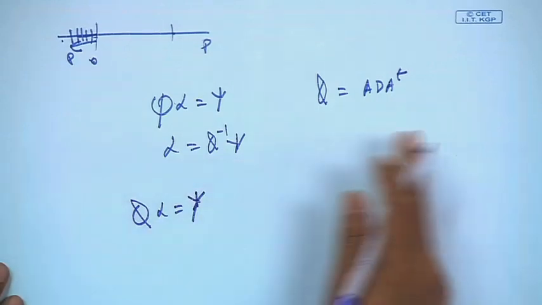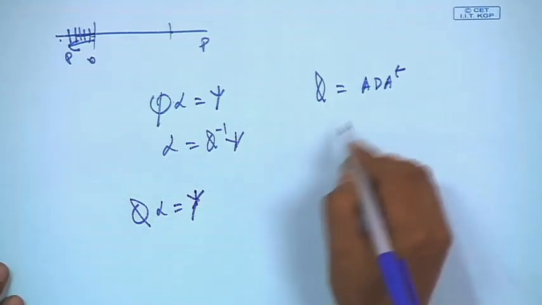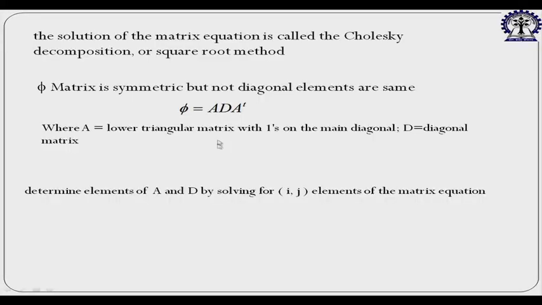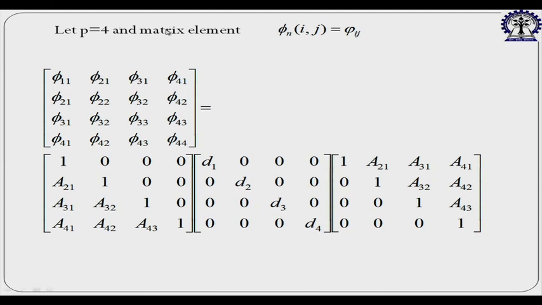Okay. If phi is this matrix, where A is called lower triangular matrix with ones in the main diagonal, D is the diagonal matrix, and A transpose is the upper triangular matrix. Let us solve for p equal to 4, order equal to 4.